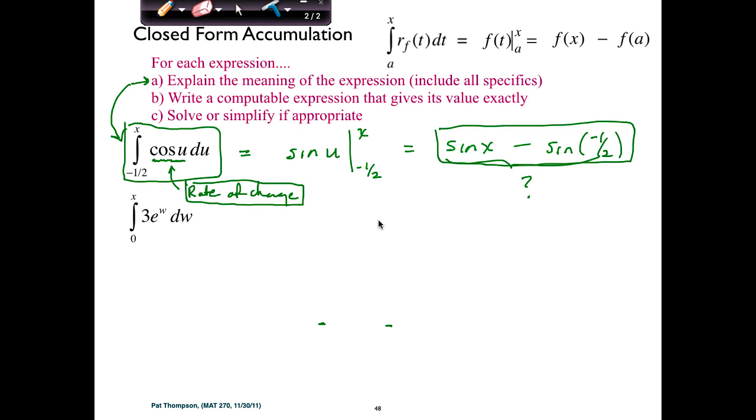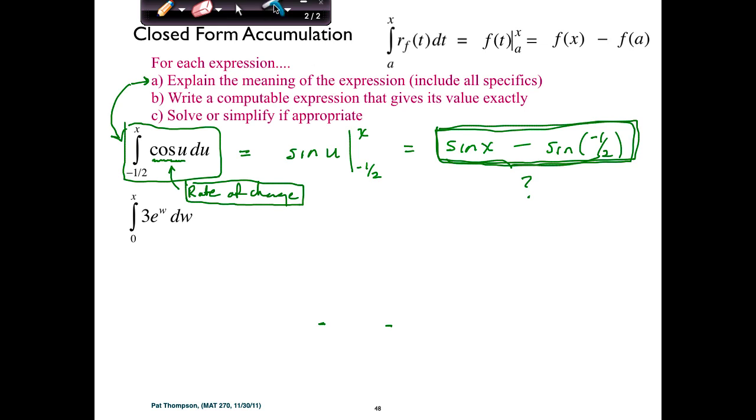It's the net accumulation of some quantity starting at negative 1/2 to x, and that quantity's rate is cosine x. Okay? The difference is, what's the one big difference? Closed form. We can compute with this, right? It's convenient for computing and spitting out lots of rapid fire values of net accumulation.